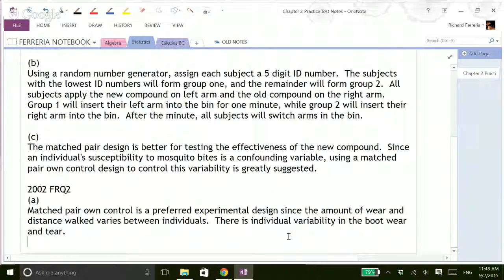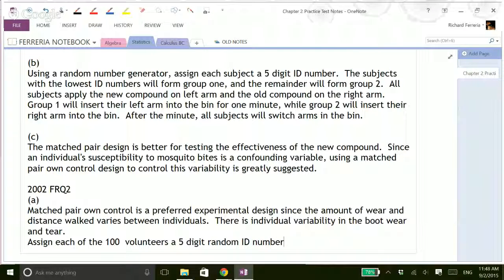Okay, so let's describe, how would we do this? What will we need to do? You can randomly assign each subject a 5-digit ID number. Assign each of the 100 volunteers a 5-digit random ID number.